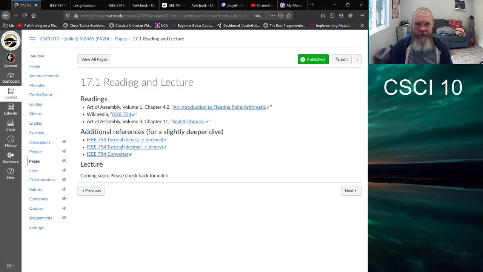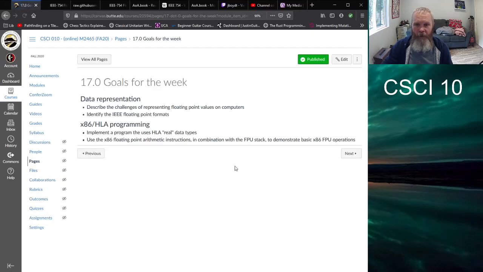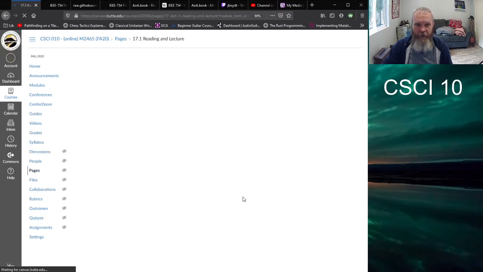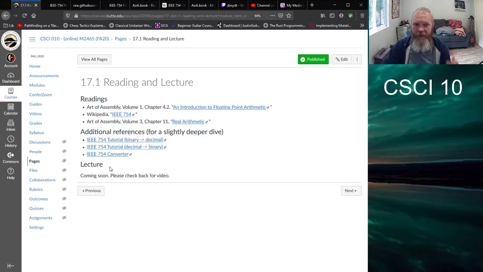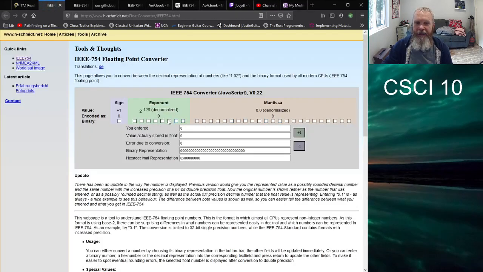So I'll repeat that. So anyway, before you do the homework, you'll come here first, goals for the week. The second one will be what the readings are, and of course the homeworks are based on the readings. Just open all of these things. Particularly for the problems that want you to do conversions, use this converter. So open this converter, and if it asks you to do a conversion, use the converter.